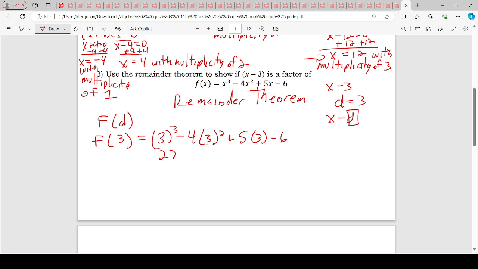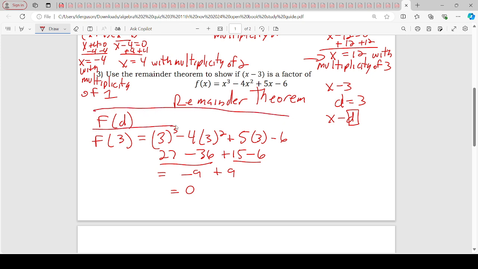What's minus 4 times 9? It's minus 36. And then I've got 5 times 3, that's 15, minus 6. Well, I could add the positive numbers and put the negative numbers together, or I could say these two equal what? Minus 9, and these two equal plus 9. So I get 0.